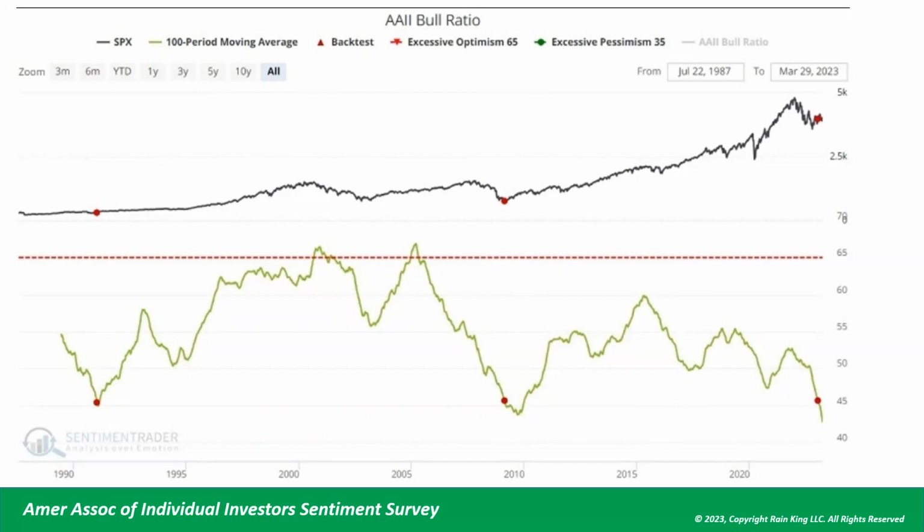And what it's basically saying is we have excessive pessimism. This is the number of bulls, and you can see the number of bulls is below 45, which is one of the lowest readings we've ever had. So there's definitely a lot of pessimism in the market, and on a sentiment basis, that's a good contrarian indicator, though we would never use it as our primary source of decision making.